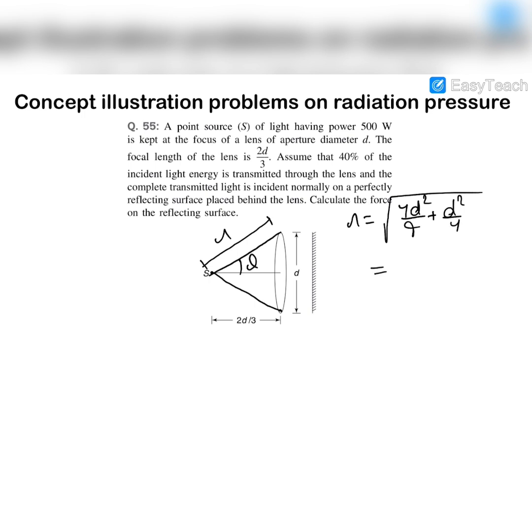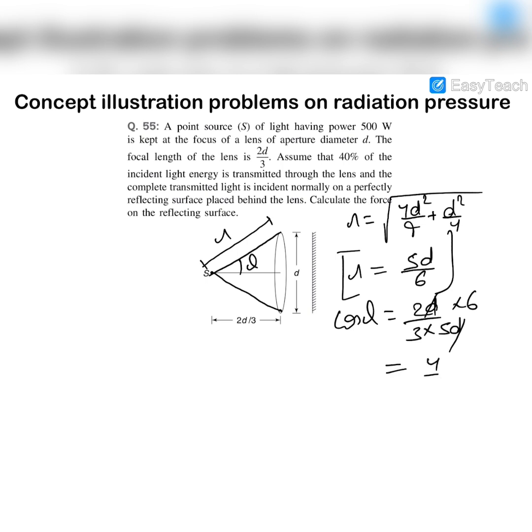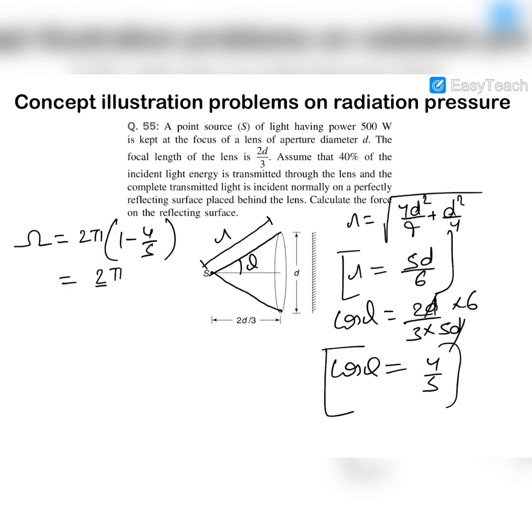So r will be equal to 5d by 6. And cos theta is equal to 2d by 3 upon 5d by 6. So cos theta will be 4 by 5, and the solid angle will be equal to 2 pi into 1 minus 4 by 5. So this will be equal to 2 pi by 5.